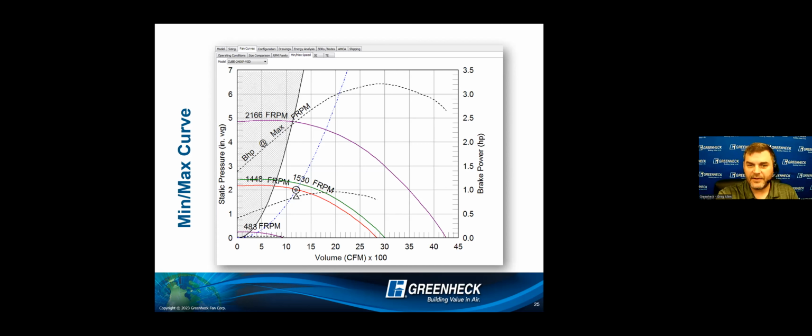The nice thing here is at 1530, I cross wherever the system resistance and the max condition fan curve cross. I can draw that down and say, okay, this fan I just procured can move 400 up to, let's call it, 1350 CFM. That's my box, my range I can play within.